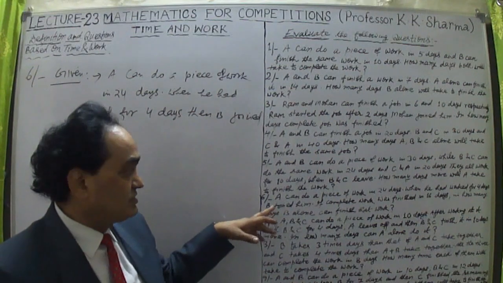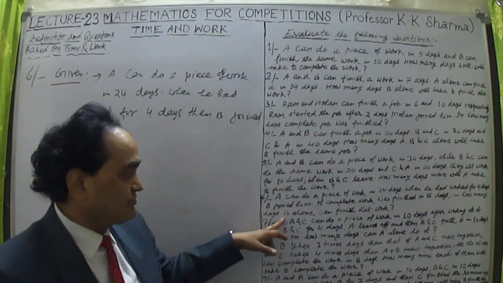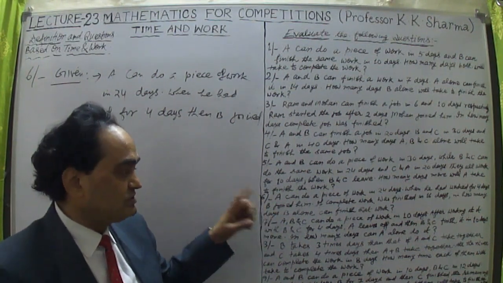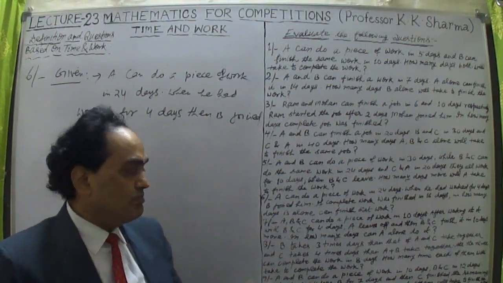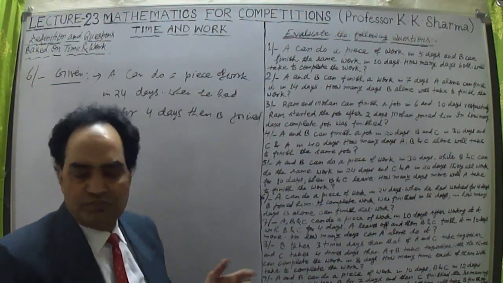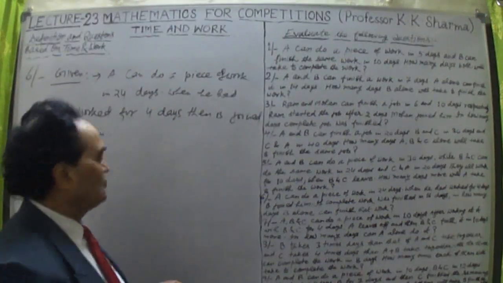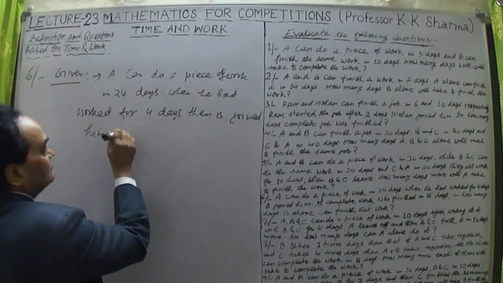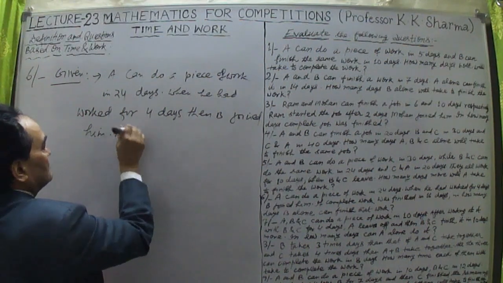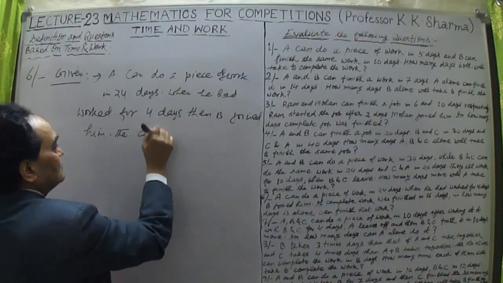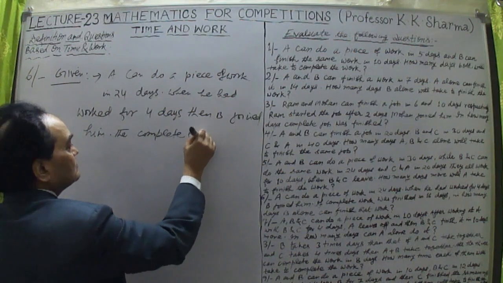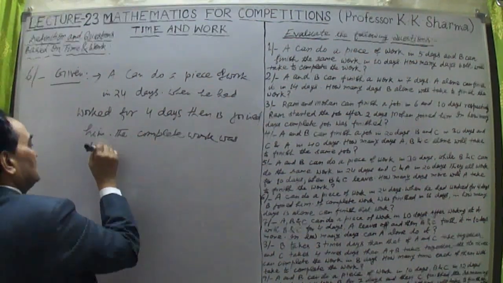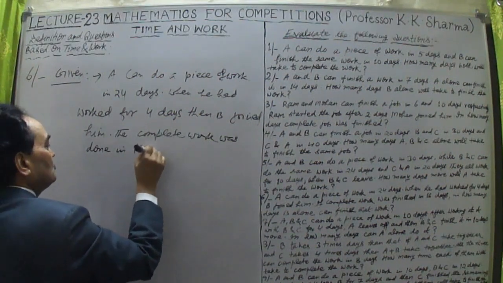Okay, it says that the work was completed in 16 days. Now, in how many days can B alone finish the work? So we have to find the rate of work of B, or in how many days B alone can finish the work. The complete work was done in 16 days, this is given to us.